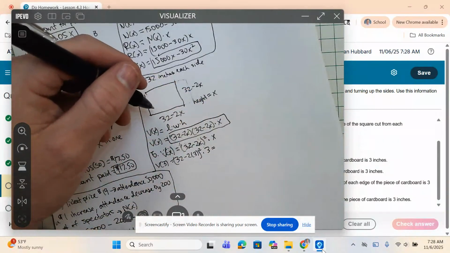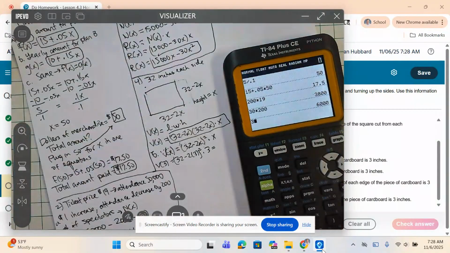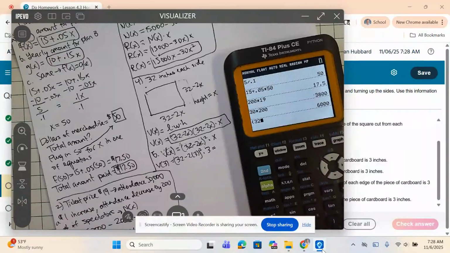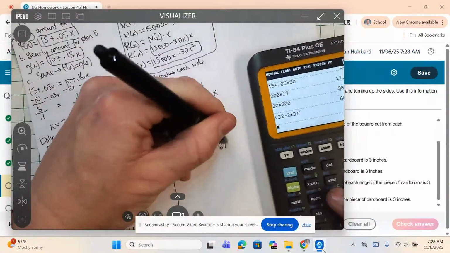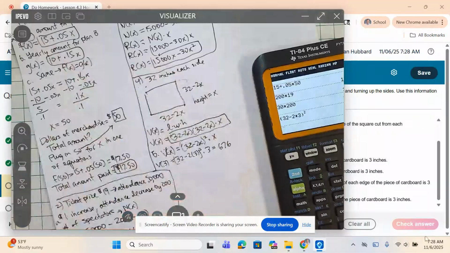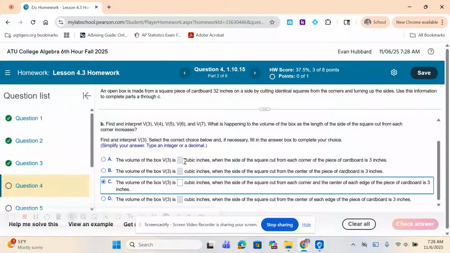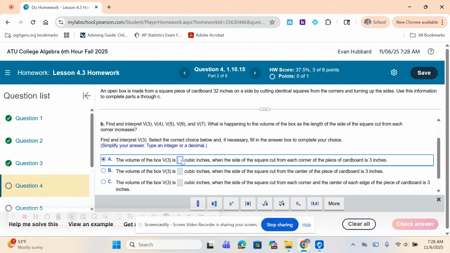Okay, so 32 minus 2 times 3 squared. So it'll be 676. There's a lot of parts to this.